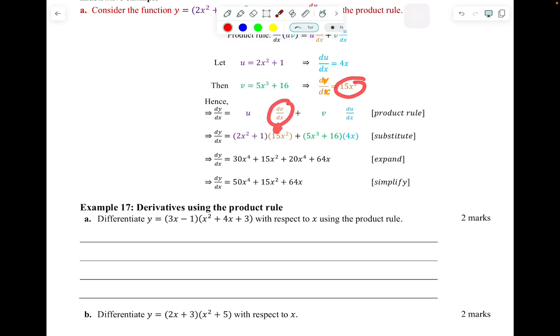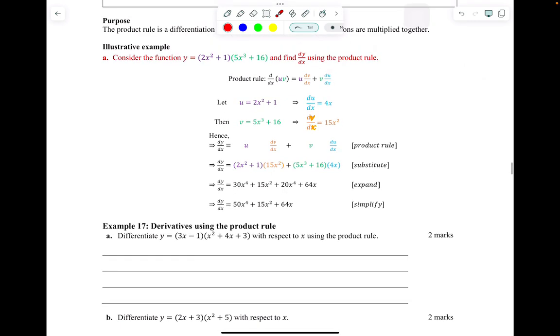You can see it's plugged in. And we've got v times du/dx, which are those two components there. So with the product rule, substitute the necessary terms, expand, and then simplify, and there you go.